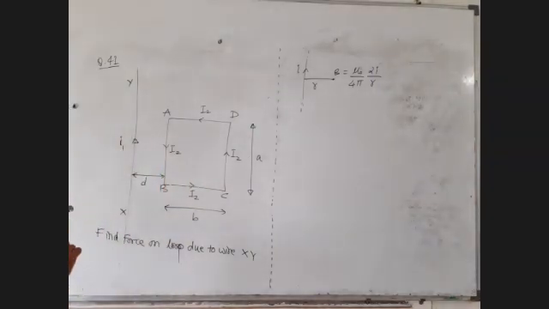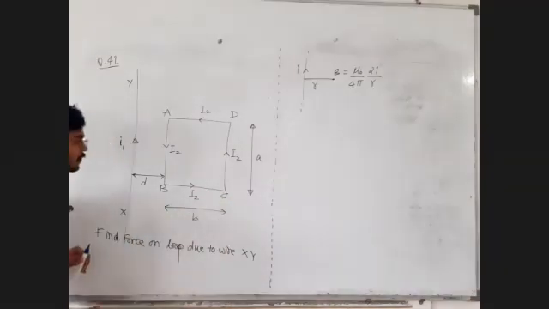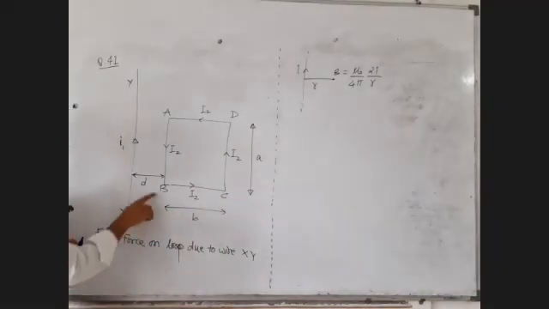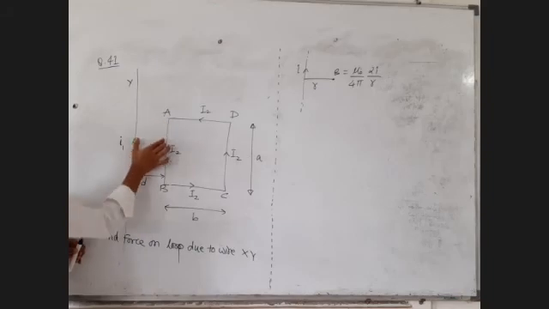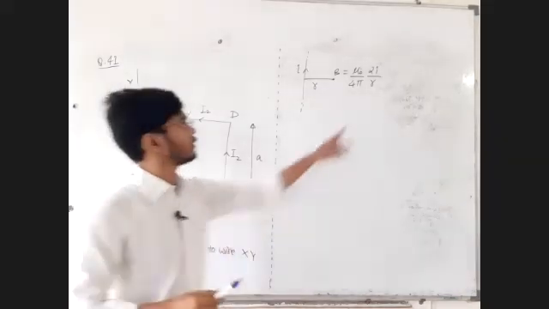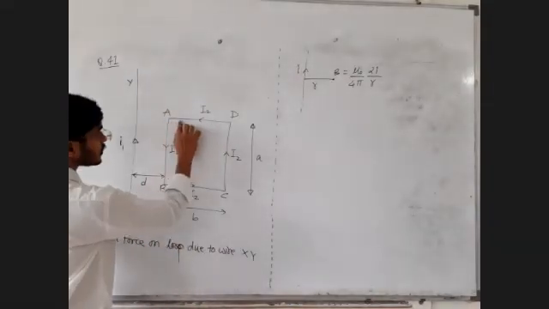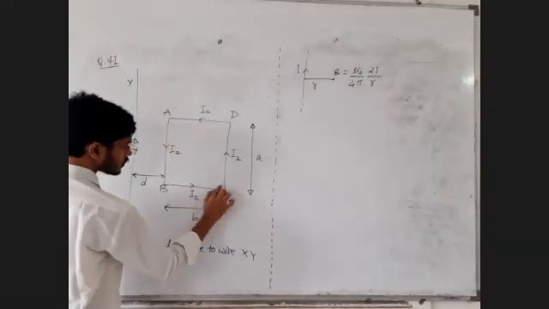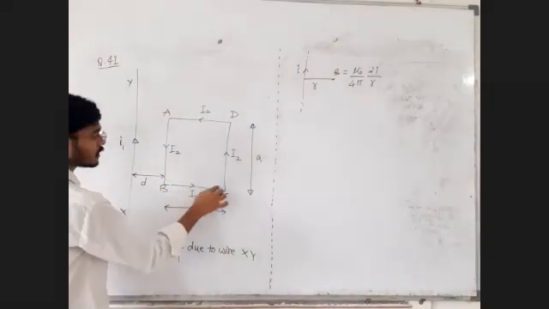But sir, the magnitudes of the magnetic field are not the same at all the points. For the conductor AB, what is the distance? d. It is the same distance, right? For the same distance, you will get the same field. But as the distance goes on increasing, you will not get the same field. The field will go on decreasing.